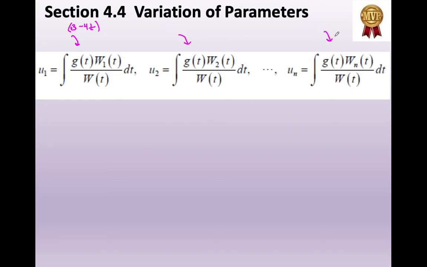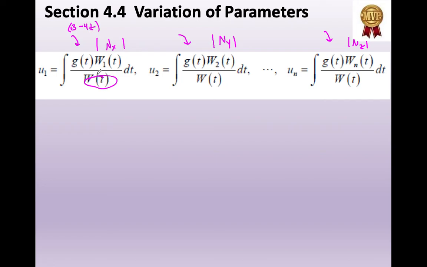And remember, that comes from factoring out of these Wronskians so that you have a 0, 0, 1 column, right?